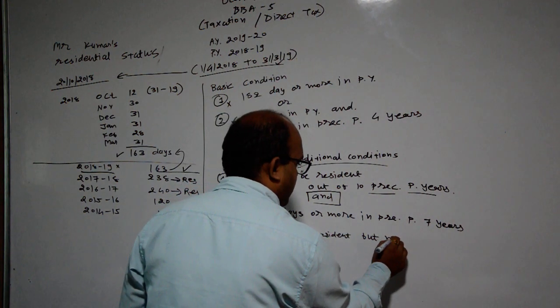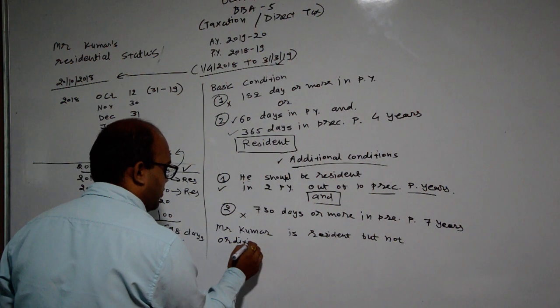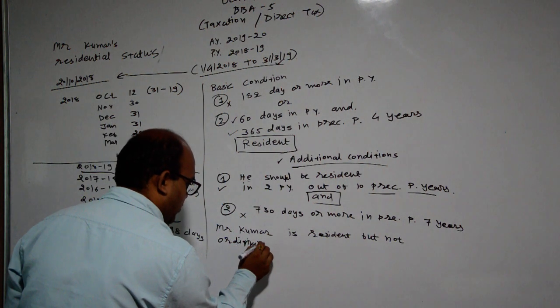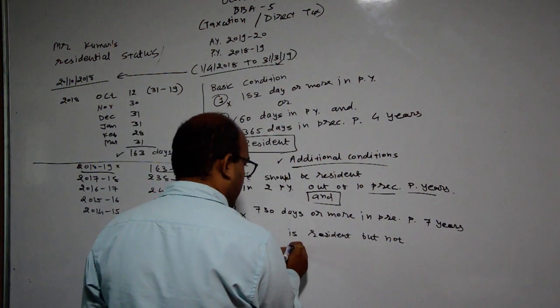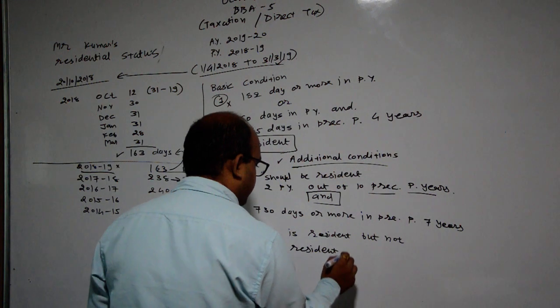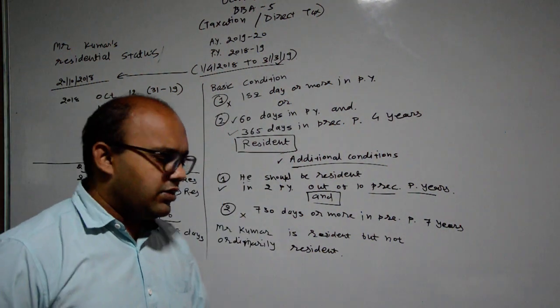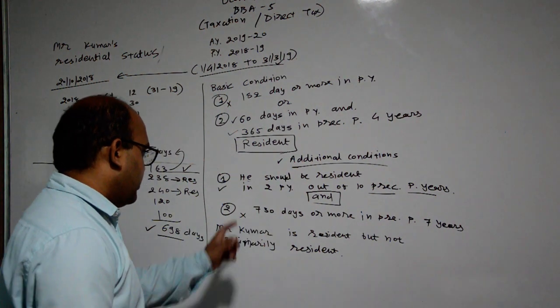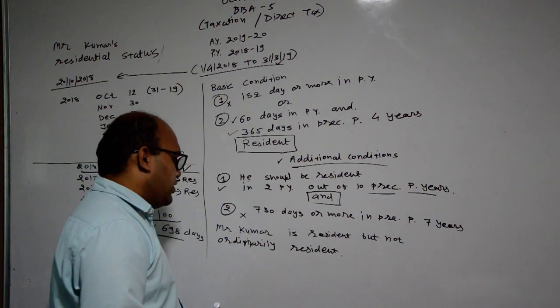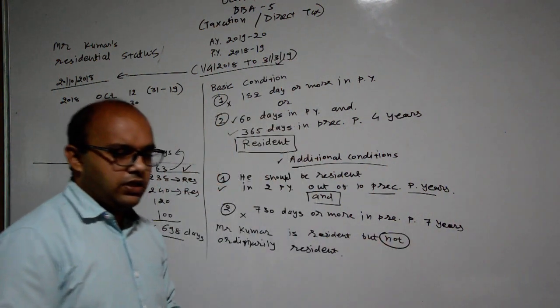but not ordinarily resident, because he is not fulfilling the second additional condition. If he had fulfilled it, then and only then he could become ordinarily resident. So here he is not ordinarily resident.